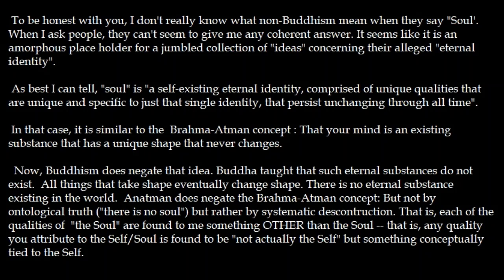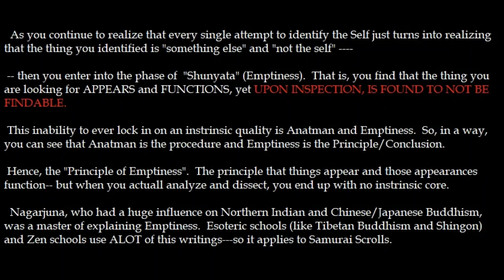Each of the qualities of the soul is ultimately found to be something other than the soul. So any quality that you attribute to the self or the soul is found to not actually be the self, but something conceptually tied to the self. Then you continue to realize that every single attempt to identify the self just turns into realizing that the thing you identified is something else, and that it is not the self.